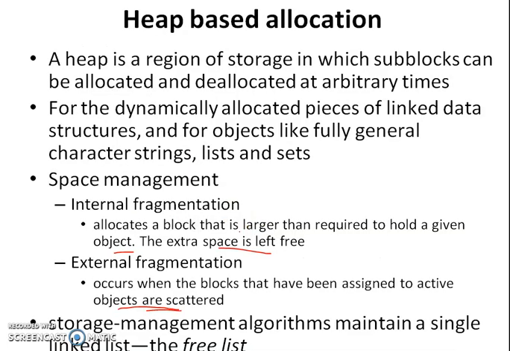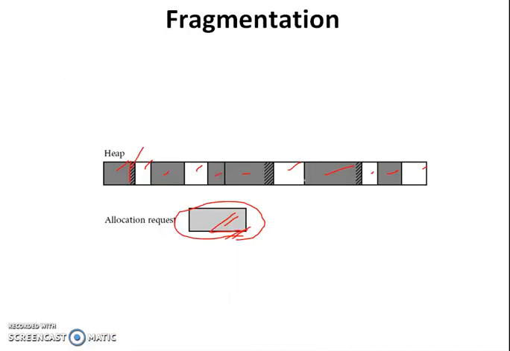In order to fit this block to the memory, some storage management algorithms will be utilized, such that it maintains a linked list, the free list. The free list will have the set of all free blocks, ranging from small to large.